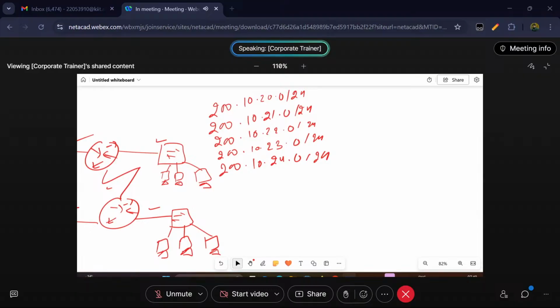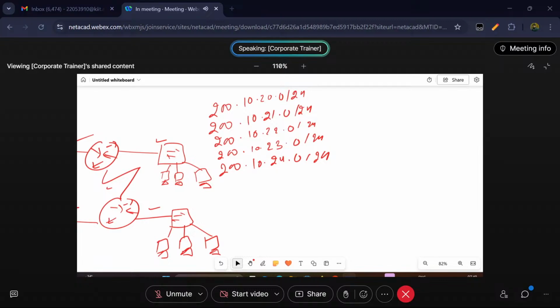Just think of it. Here I am showing 3 or 4 computers, maybe 100 computers, or maybe 10 or 20 computers I have connected, but I can configure 254 hosts. So here lots of IPs are going to be wasted in each and every case. So now we will apply some subnetting and try to reduce some wastage.